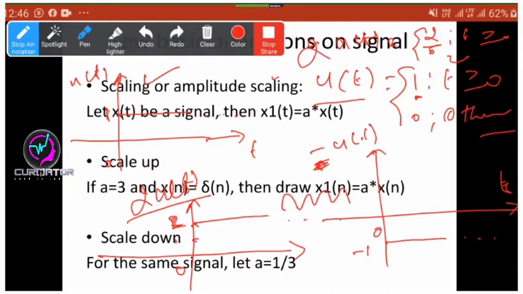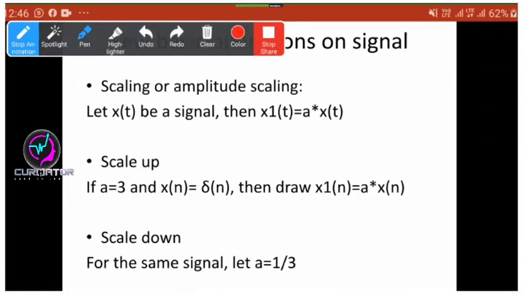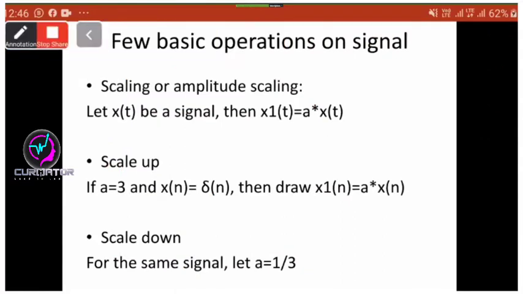If your value of a is greater than 1, then it will look like a stretched x of t. This is amplitude scaling. Now let us see the next operation, the time reversal operation.